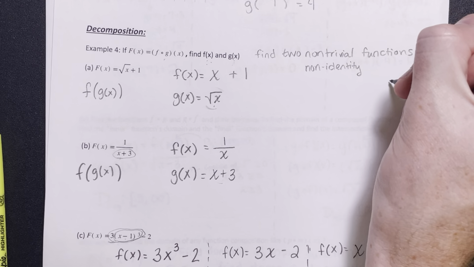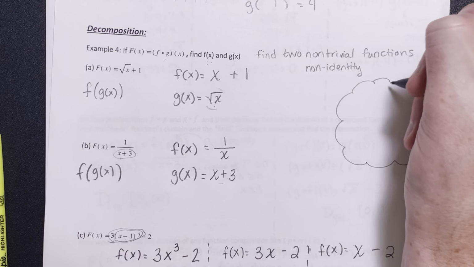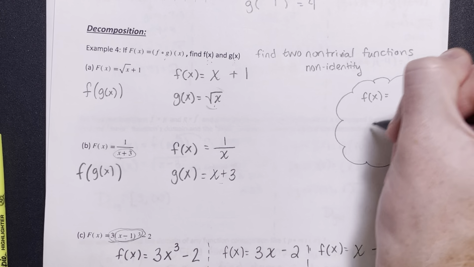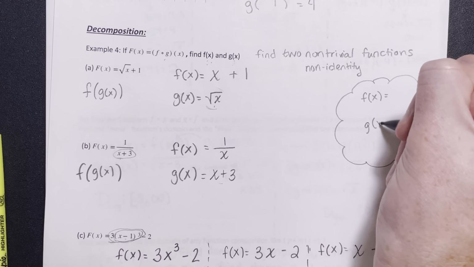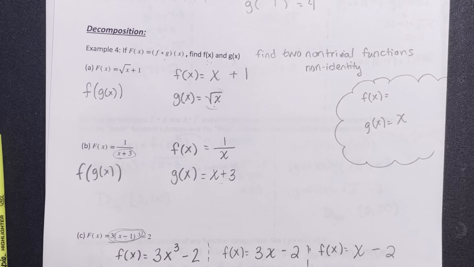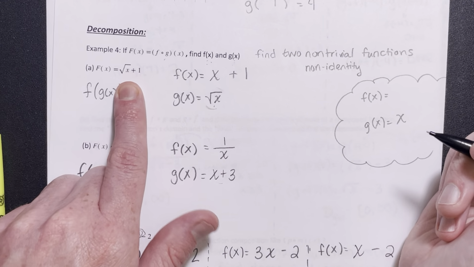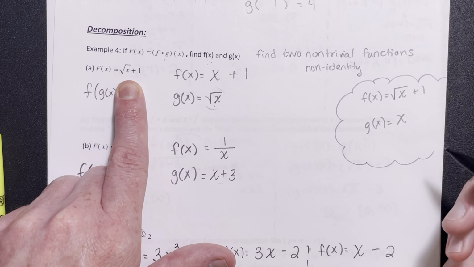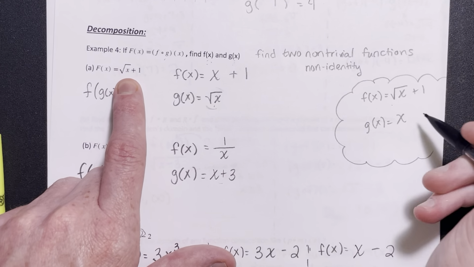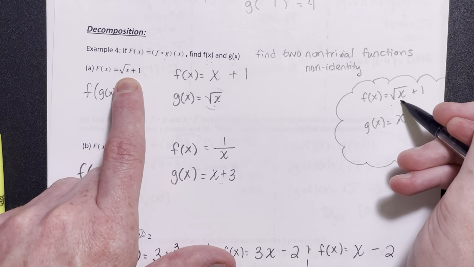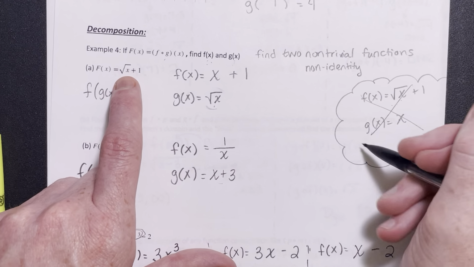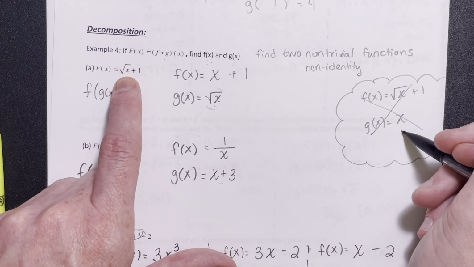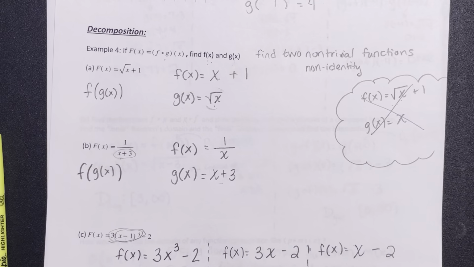It would not be okay for g of x to just be x, because then, like in this one, your f of x would just be the square root of x plus 1. That is the same function. Nothing changed because x is going in here. It keeps it the same. That's not okay. So the identity function is when it's just x, y equals x. We want non-trivial functions.